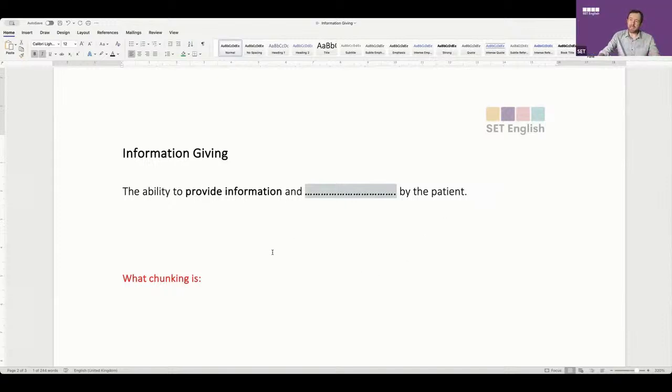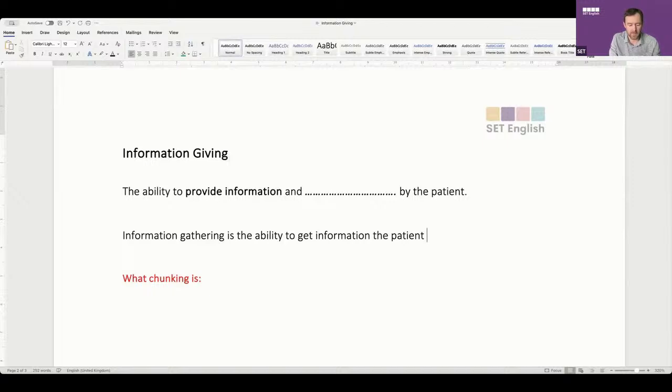Well, no, that would be information gathering, wouldn't it? Gathering, yeah. If you remember last week, I said this, information gathering is the ability to get information from the patient and demonstrate to the examiner that you understand it.